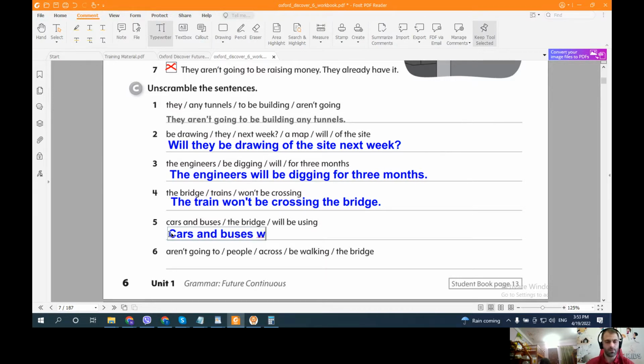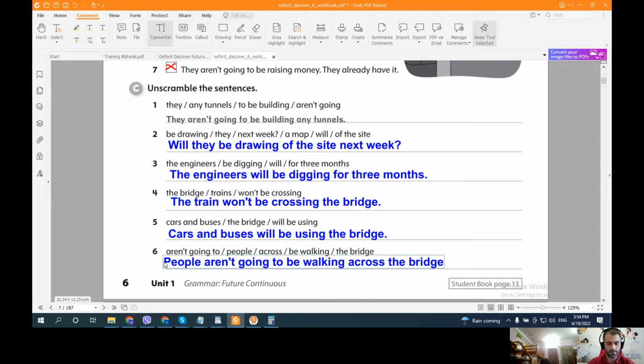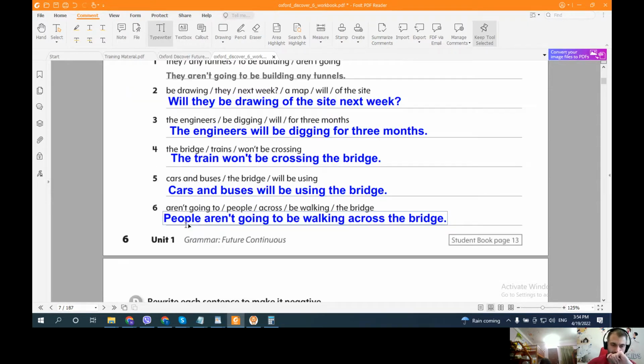Buses will be using the bridge. Okay, and number 6. People aren't going to be walking across the bridge. Be walking across the bridge. Okay, very nice. Now let's see.